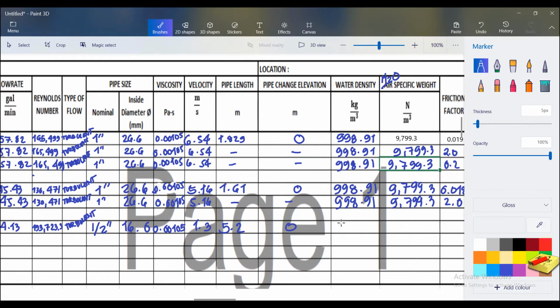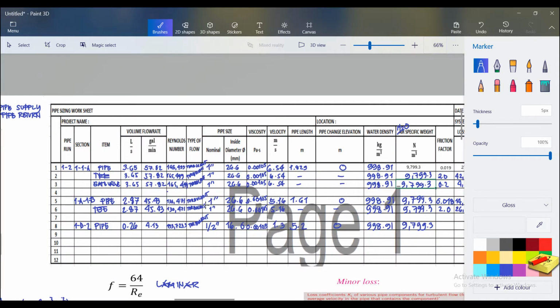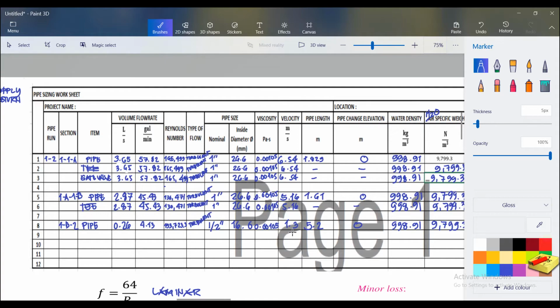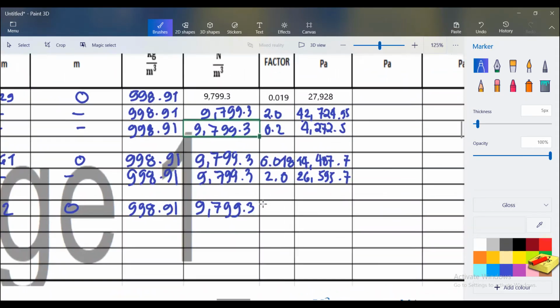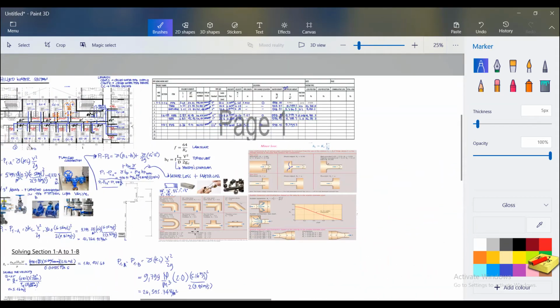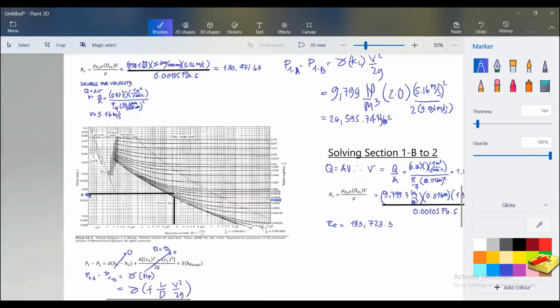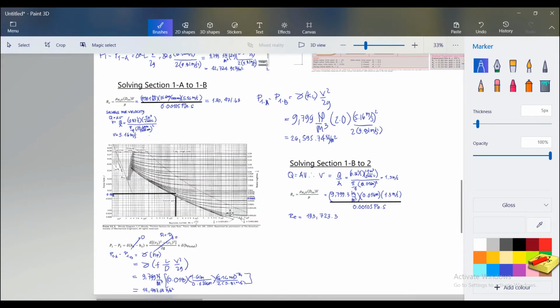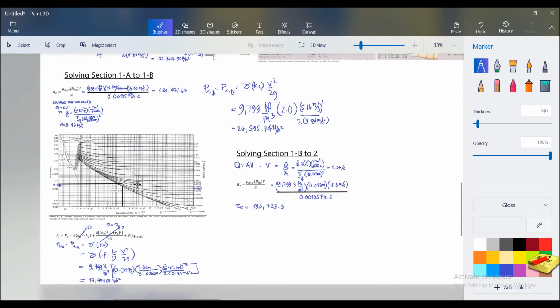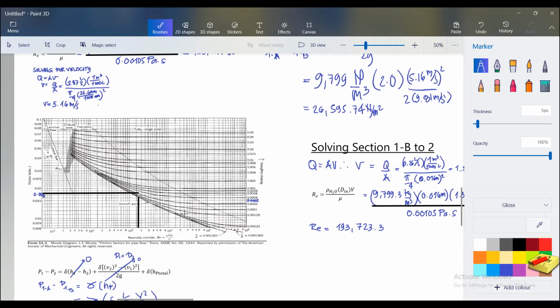Okay, so same properties of water. Then specific weight is also the same. And friction factor na lang. Okay, so we needed to determine it by means of the using the Moody's diagram.